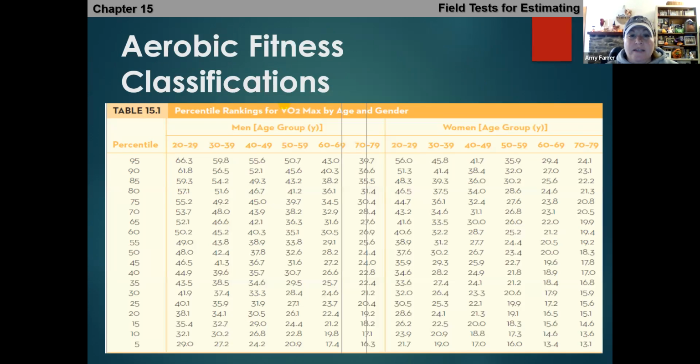So if we look at these fitness classifications, we'll go over these more when we're in class, but just to give you an idea, when you pick up an ACSM, which is just a little textbook with the recommendations, you're going to be able to pull this up, and based on your age and your gender, it will give you an overall where your VO2 max falls in.